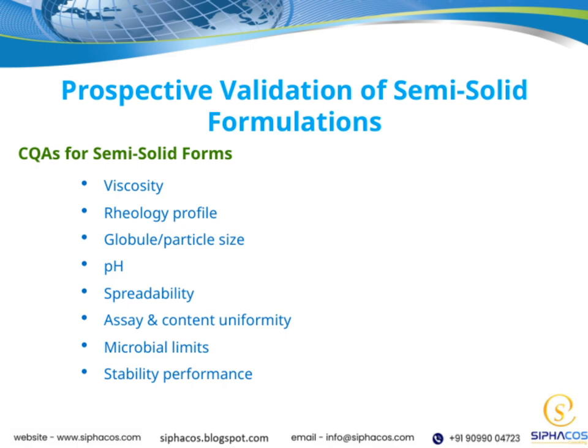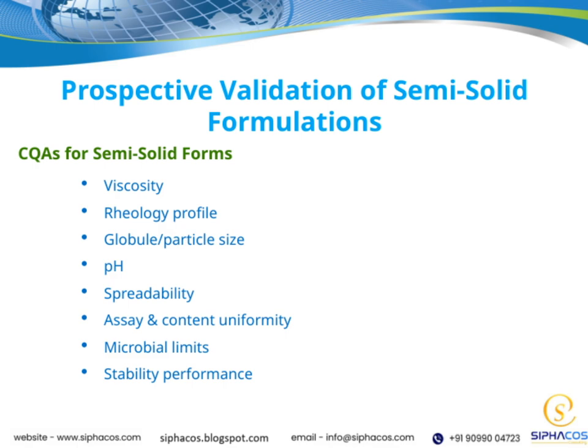Microbial limits are critical too, especially for semi-solid products, since they are often applied to sensitive areas, and we must prevent contamination. Stability performance assesses how the product maintains its quality over time under various conditions, which is essential for shelf life determination.